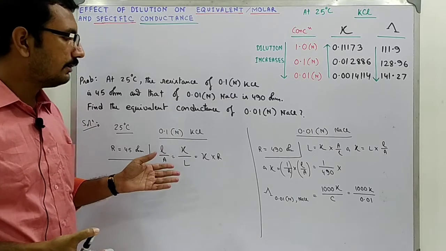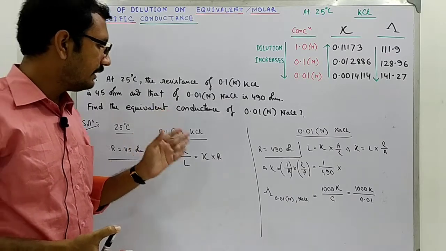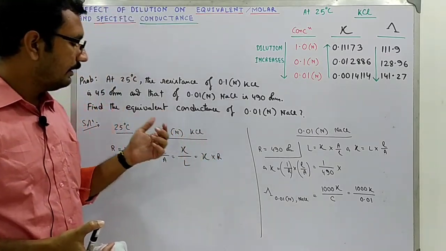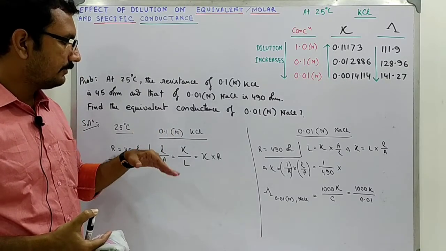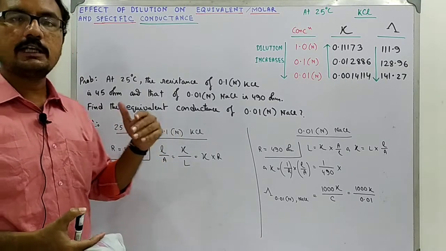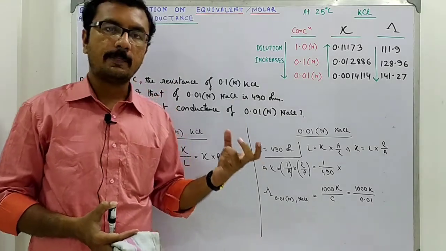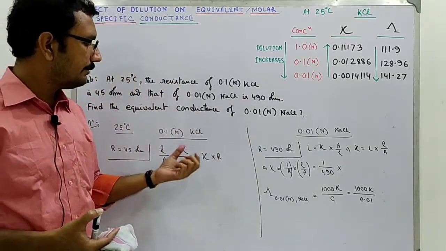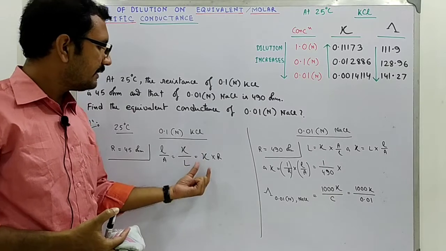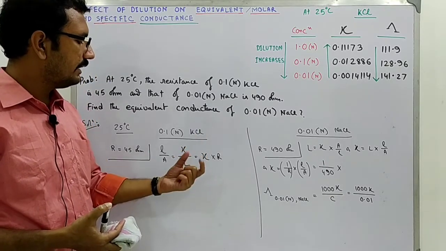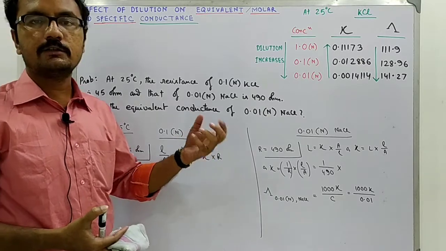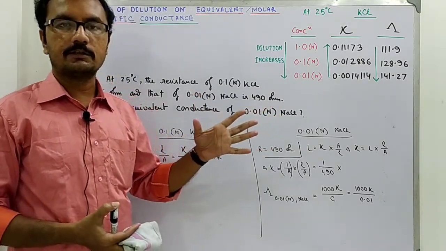You can remember in the previous lecture, or the one before that, I told you that Kohlrausch and his co-workers did a monumental task in determining the specific conductances of KCl solution accurately for different concentrations at different temperatures.